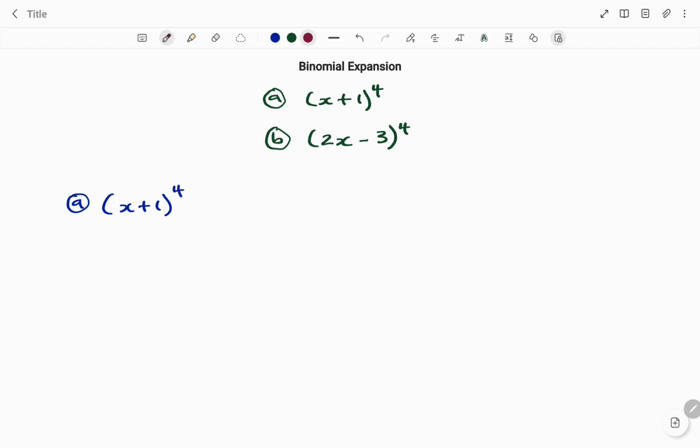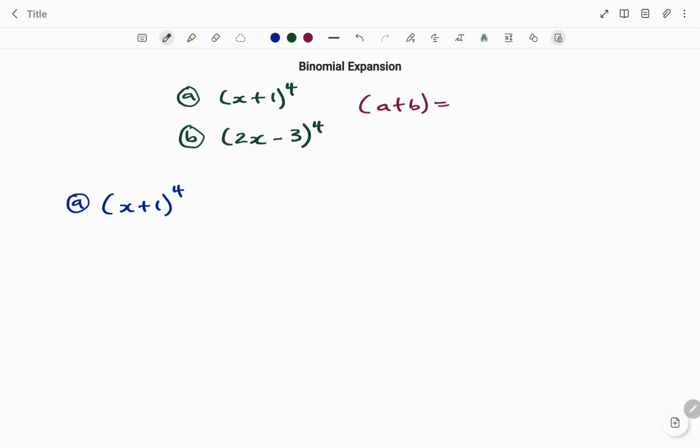The binomial theorem states that if I have a plus b raised to the power of n, that's equal to the summation from r equals 0 to n of n combination r, a to the power of n minus r, where a is the first term, and b to the power of r. So we're going to use this expansion to solve what we have.